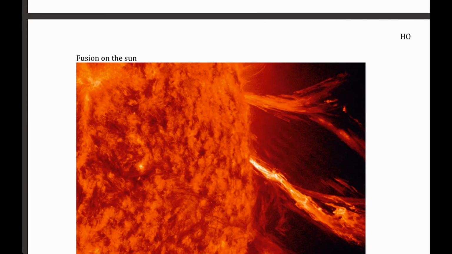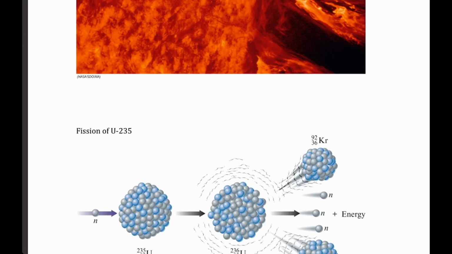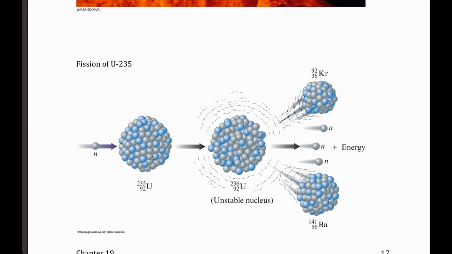Fusion is what's occurring in the sun. Fission is shown here, U-238 being bombarded by a neutron to produce an unstable nucleus, which breaks apart, producing two small nuclei and lots of energy.